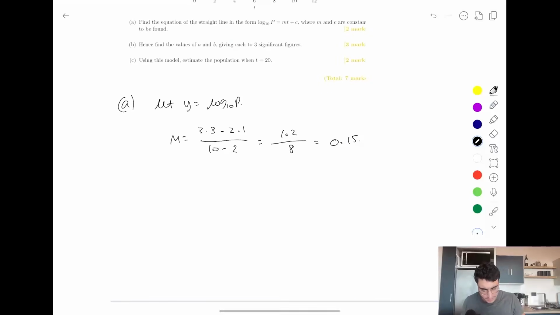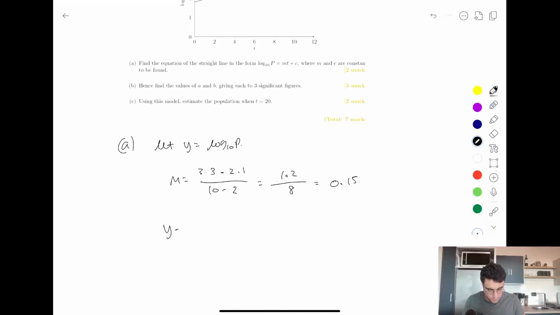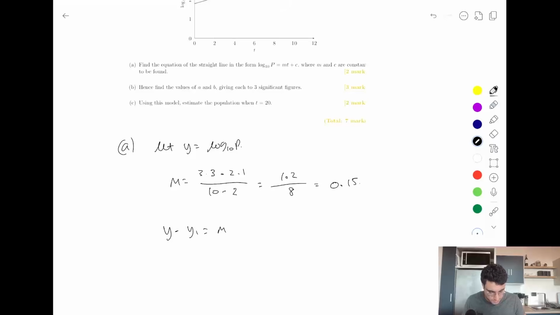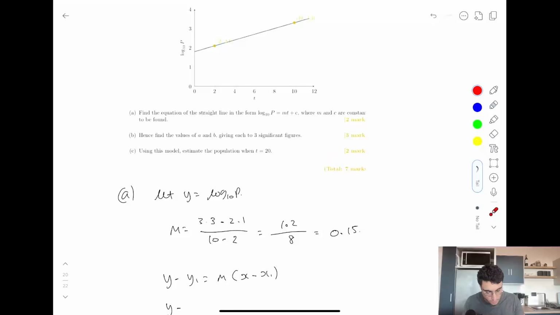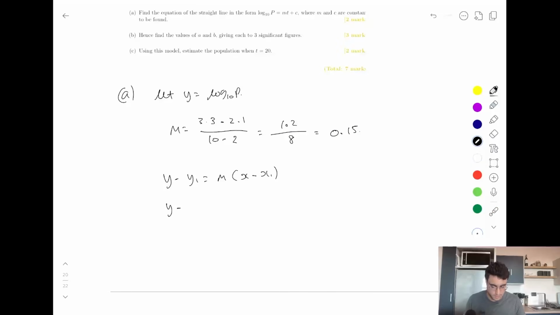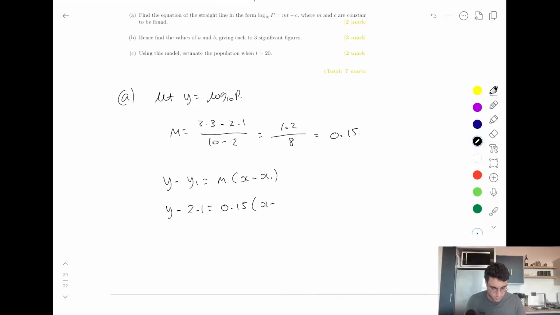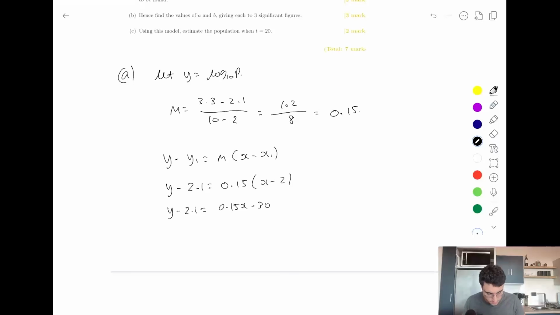I can then say y minus y1 is equal to m times x minus x1. Let's do y1 as 2.1. So y minus 2.1 is equal to 0.15 times x minus x1, which is 2. So y minus 2.1 is equal to 0.15x minus 0.3.